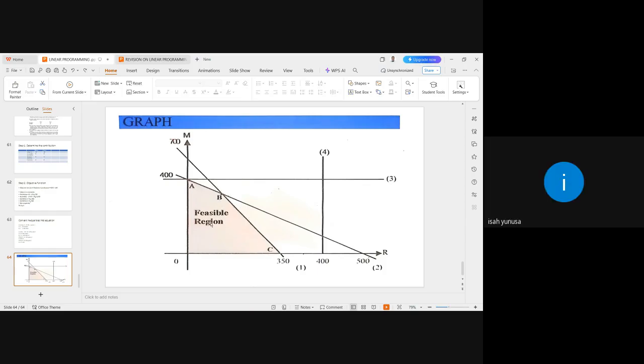Is your visible region. So now, to take it further, what will be your maximum, your total contribution using your solution table? Let's solve. Using your solution table, how will you get your total contribution?